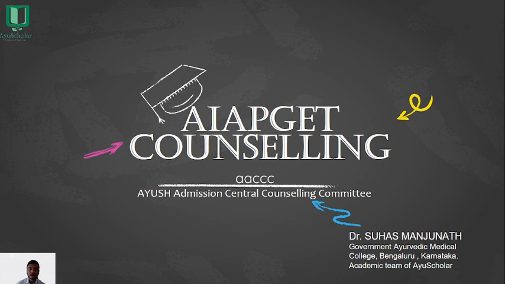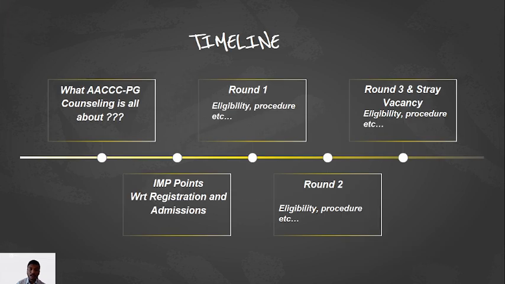So, coming to the series of lectures, we'll see at the start what AACCC PG counseling is all about. Next, we'll see the important points which the students have to bear in mind at the time of registration as well as admissions.